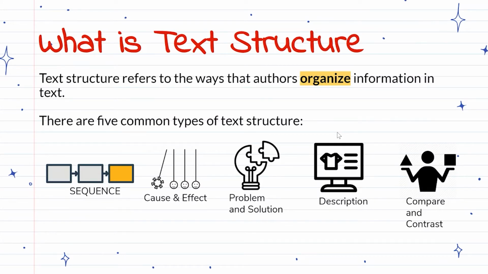What is a text structure? Text structure refers to the way authors organize information in a text. For example, I have a problem with one word here: authors. Do you think I am saying it right or not? Try again.